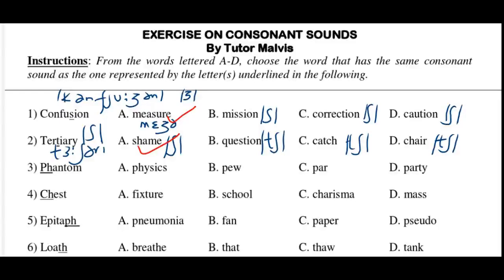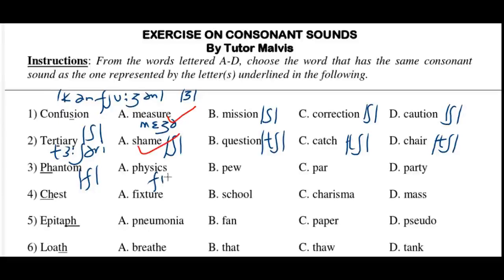Number 3, we have phantom. The underlined letters are PH, and that sound is f. So we are looking for f in options A to D. We have physics.